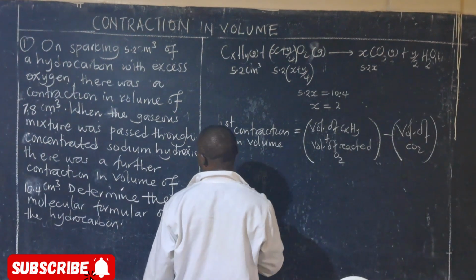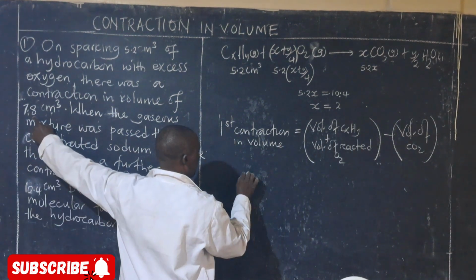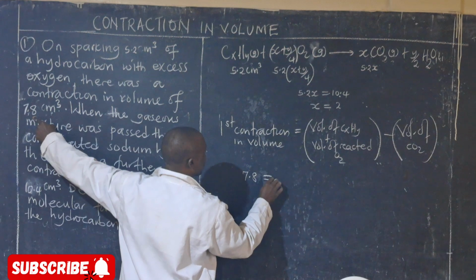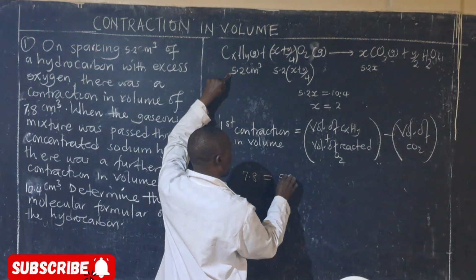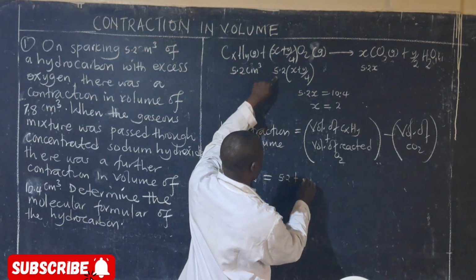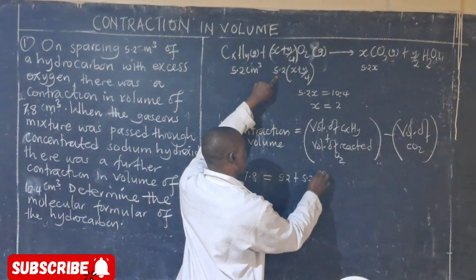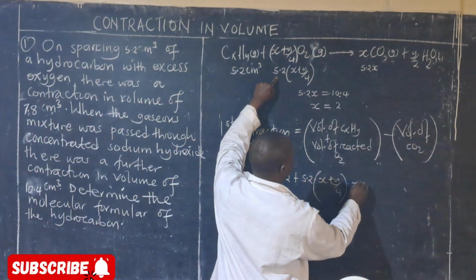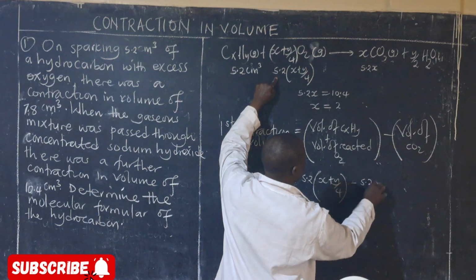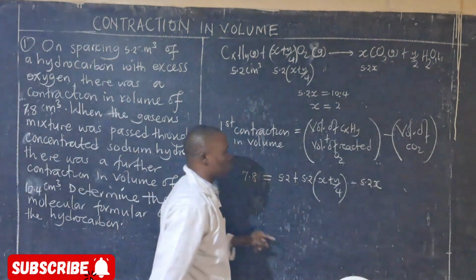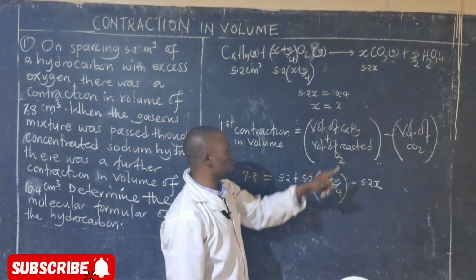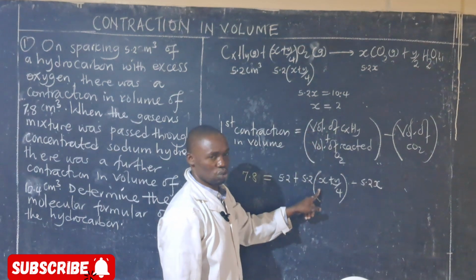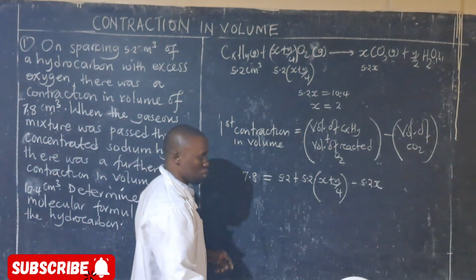So I'm going to punch in those values. 7.8 is equal to the hydrocarbon, 5.2, plus reacted oxygen, 5.2 into x plus y out of 4, minus carbon dioxide, 5.2x. We said we can use 10.4 provided you put x as 2. That's pretty simple.